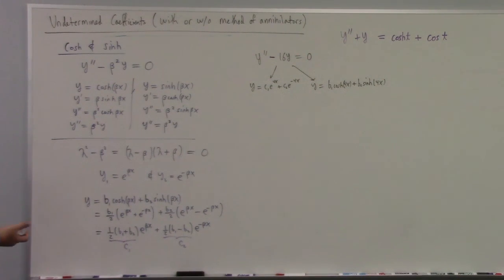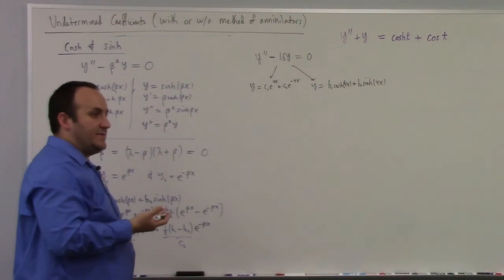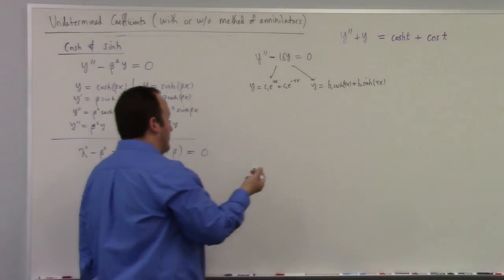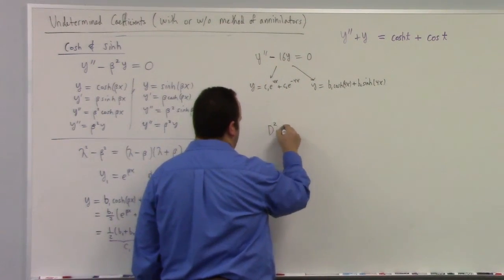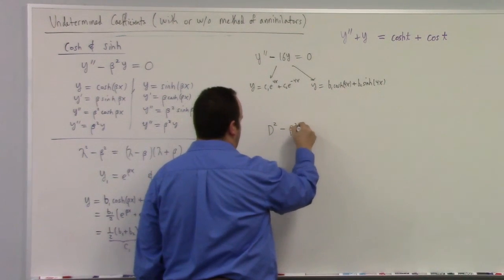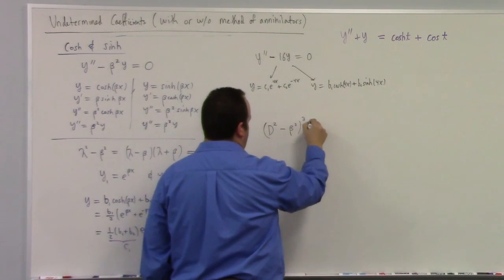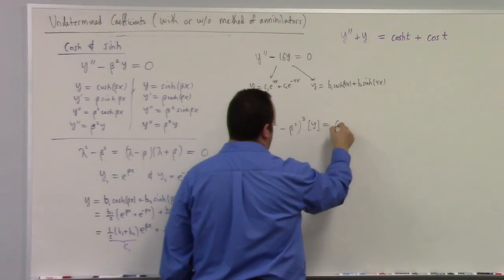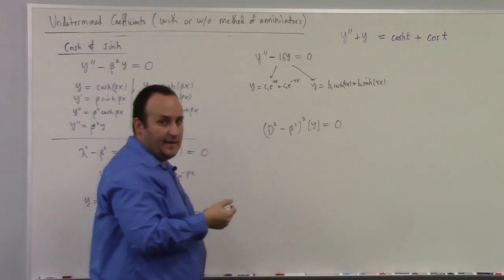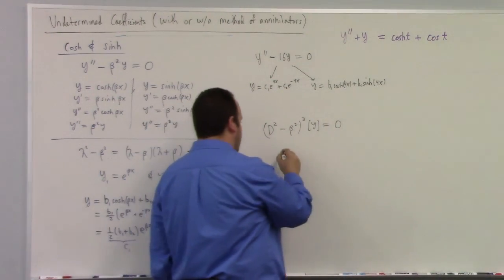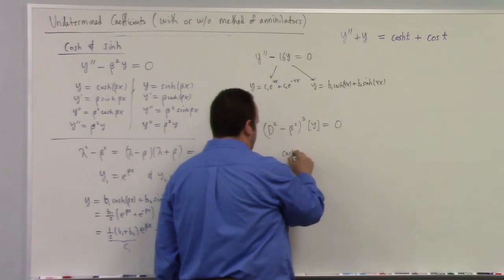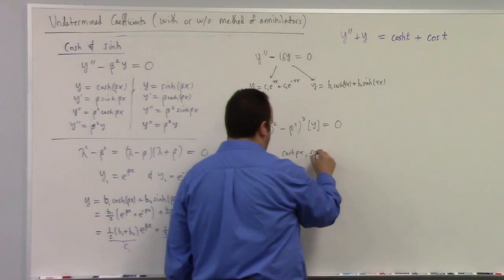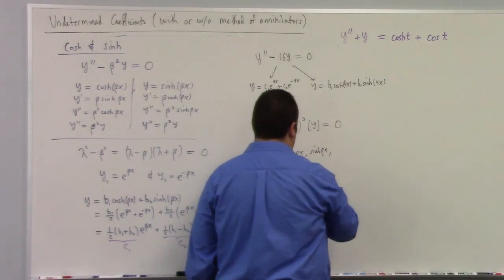When you run across something like (D squared minus beta squared) cubed y equals 0, you can prove that the solutions include cosh beta x, sinh beta x, all right?